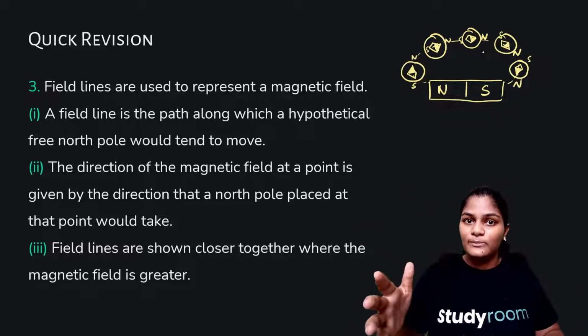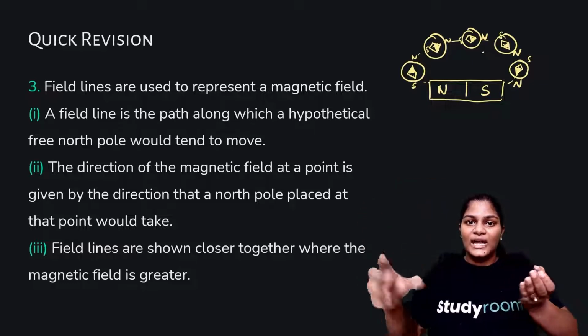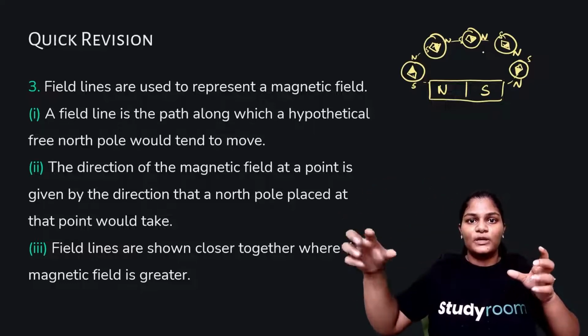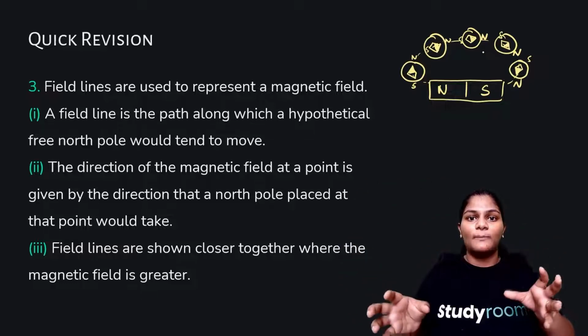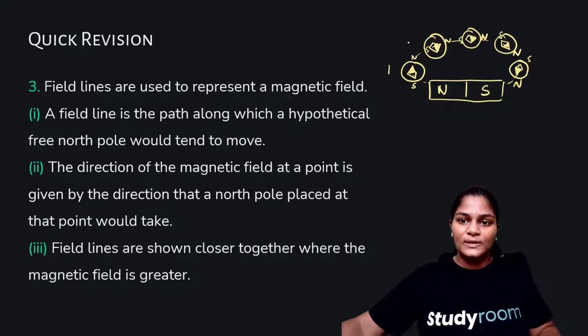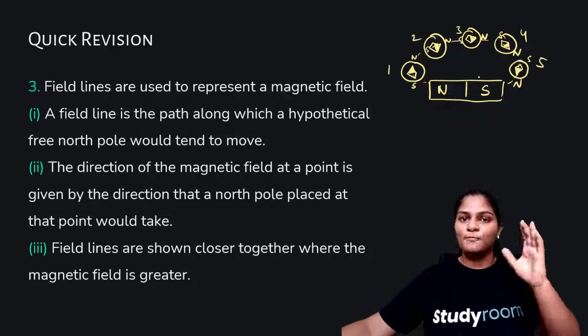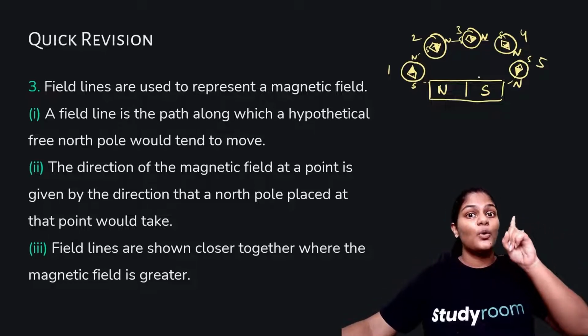This was seen experimentally, that when a compass needle is kept near any area surrounding the bar magnet, how this experiment was conducted was, first 1, 2, 3, 4 and 5. So let's say there are 5 positions of this compass. This is just one compass needle.